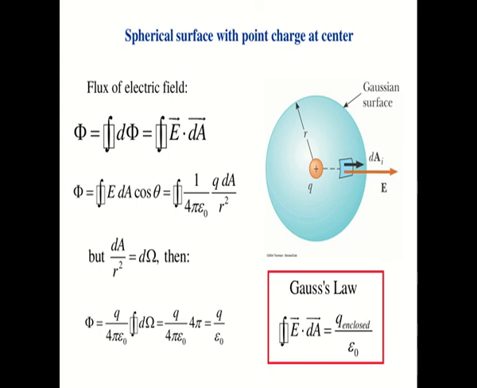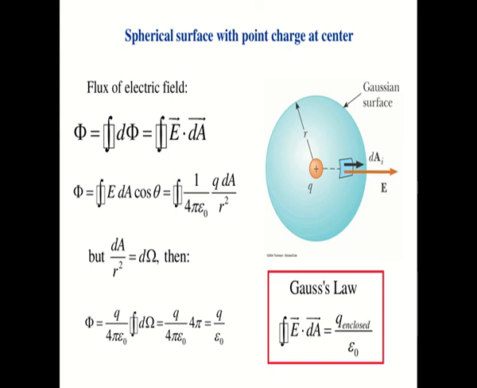By replacing dA upon r square with d omega, q is common, 4 pi epsilon naught is also common, then the integration of d omega is 4 pi r square, meaning the area of this Gaussian surface is 4 pi r square. So r square cancels out, then we get 4 pi, which is equal to q upon epsilon naught.